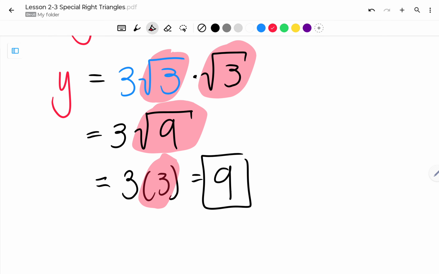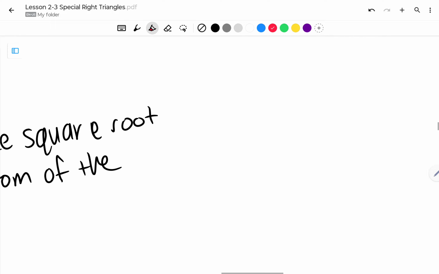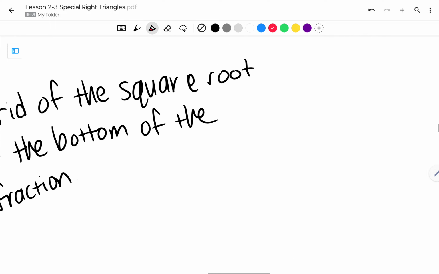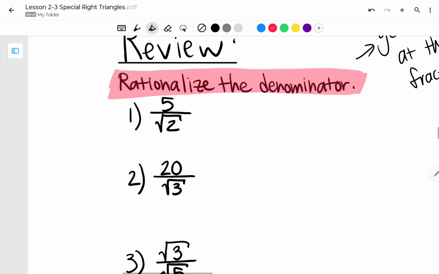So notice how when we multiply a square root by itself, it goes back to just the original number. That's the key here.